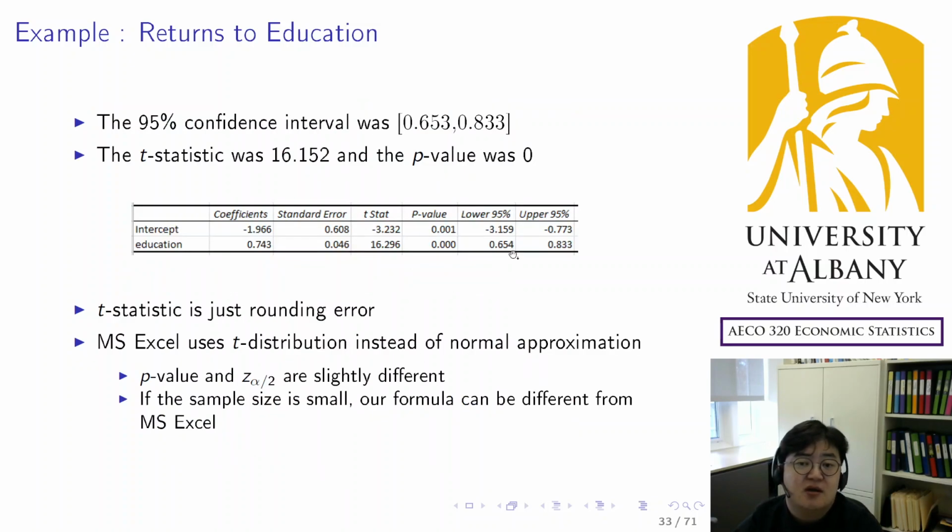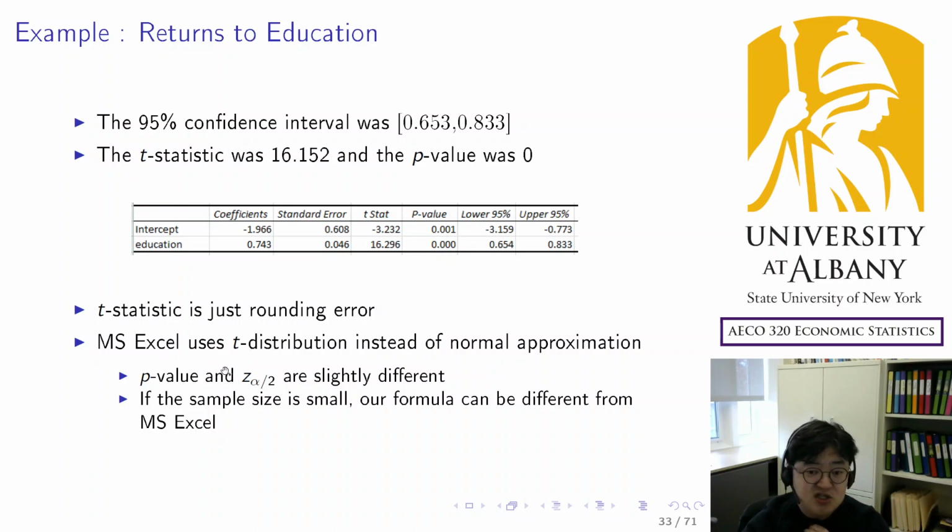Okay, so as I said, there are some differences between what we calculate on Excel and what I show you on slide, because of the rounding error. One thing is the rounding error, and another thing is I use standard normal distribution approximation, but Excel uses an old school t-distribution approach.